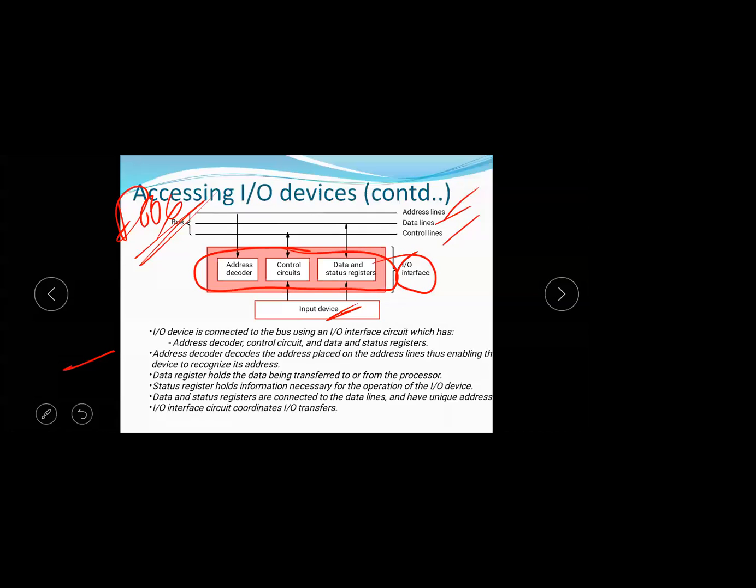The IO device is connected to the bus using an IO interface circuit which has an address decoder, control circuit, and data and status register. Each interface circuit consists of these three circuits. The address decoder decodes the address based on the address lines, thus enabling the device to recognize its address.